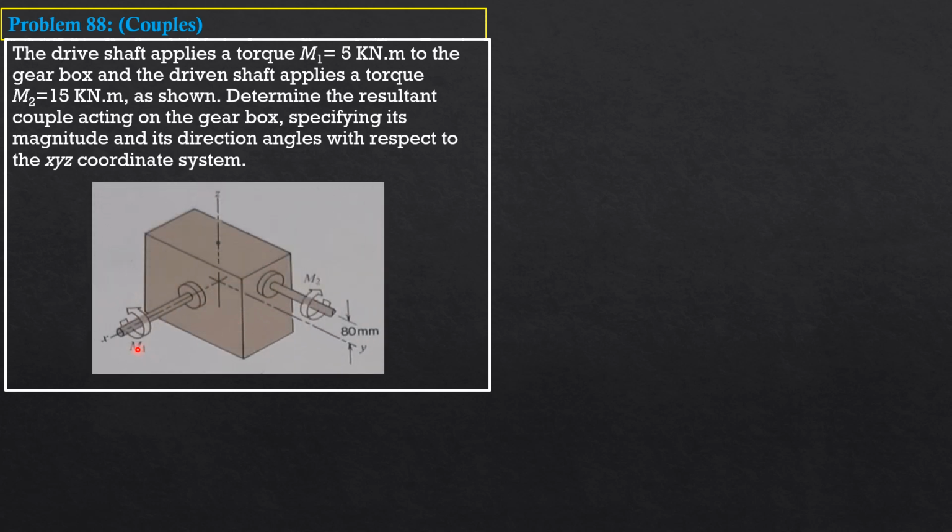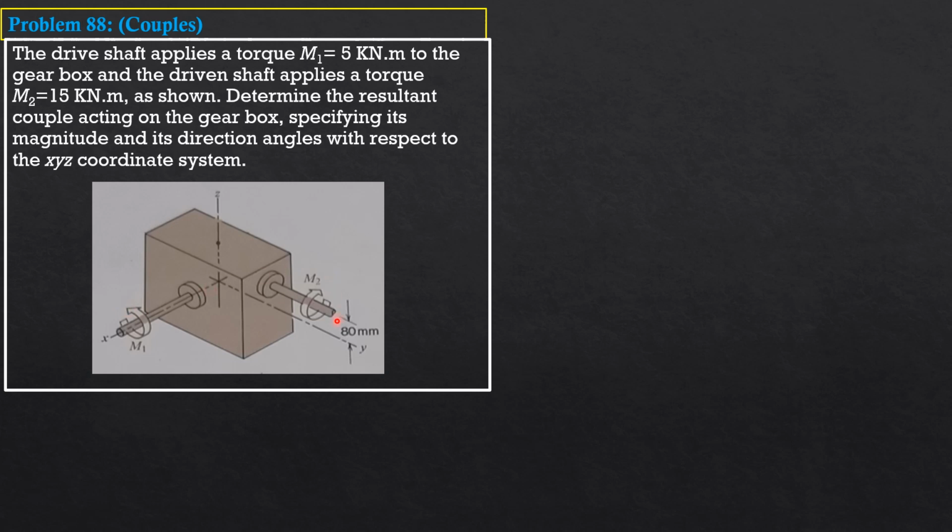If you apply the right thumb rule, your right thumb towards this axis here, your four fingers will curl in the same sense as M1. Therefore, M1 is positive and it is 5i kilonewton meter in vector form.